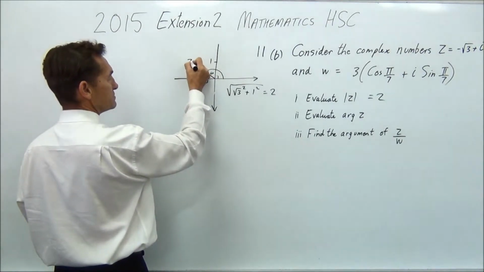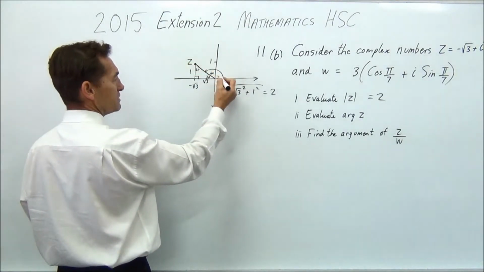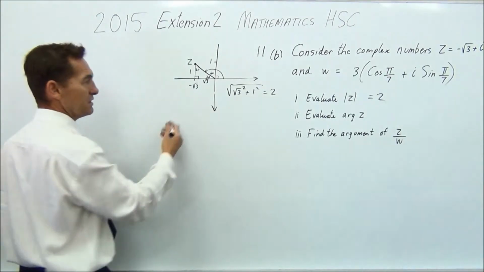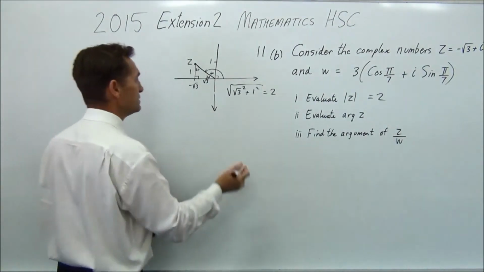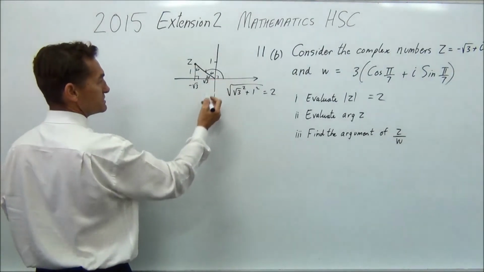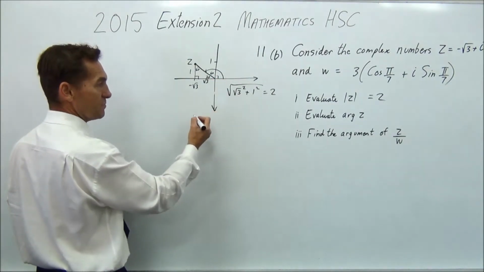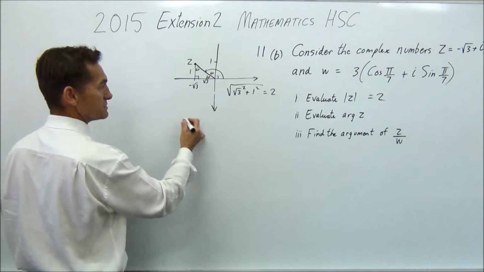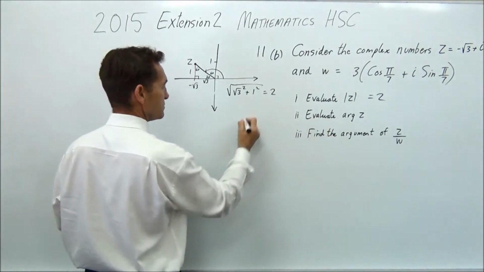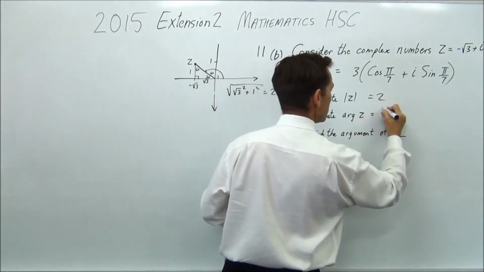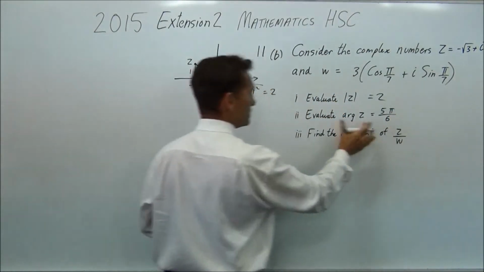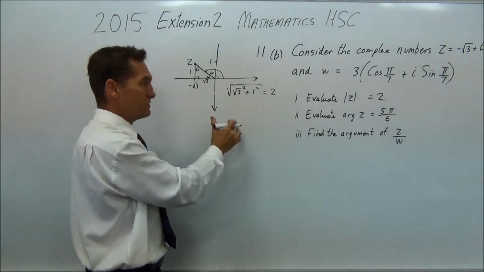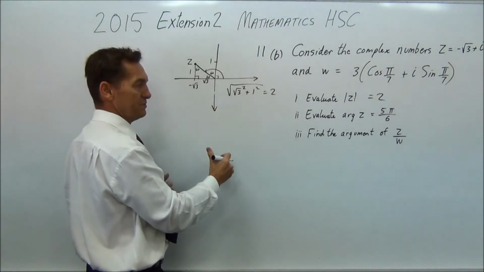So 90 plus 60, and you need to express it in terms of pi, not degrees. Okay, so 90 plus 60 is going to be 5 pi on 6. So arg z is going to be 5 pi on 6. Okay, so they should be fairly straightforward, and you should be fairly familiar with doing that.